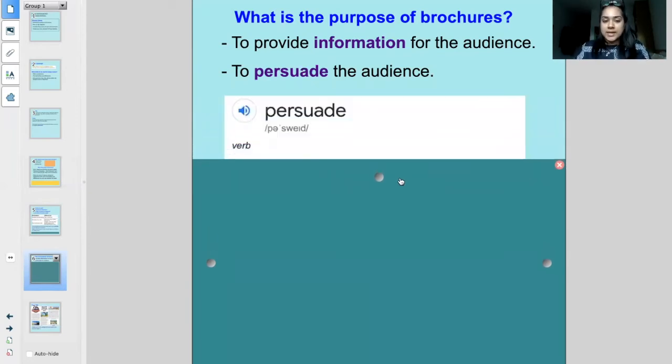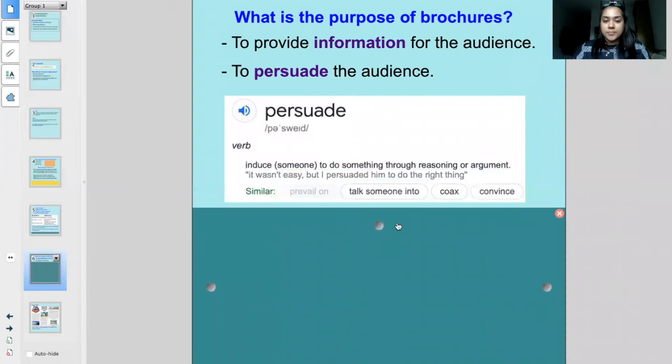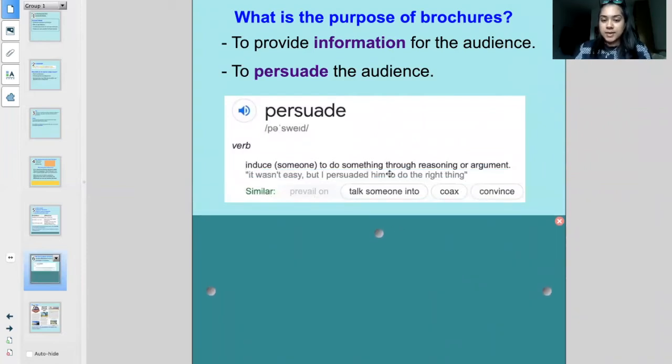Now, persuade is a verb, which means induce someone to do something through reasoning or argument. So, for example, convincing somebody, talk somebody into doing something. Okay, you're trying to persuade them, in this case, to come to your new theme park.